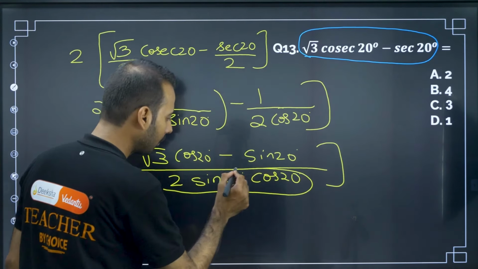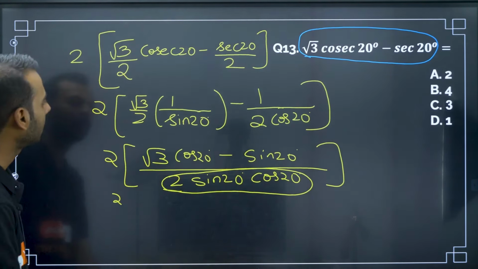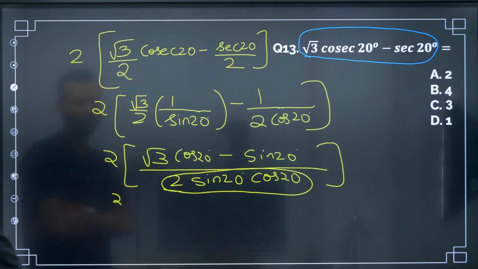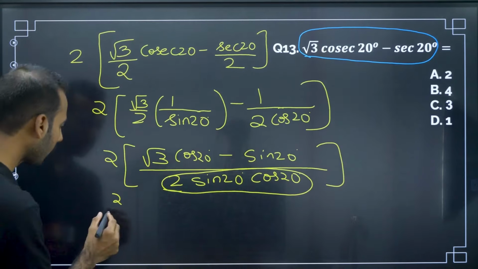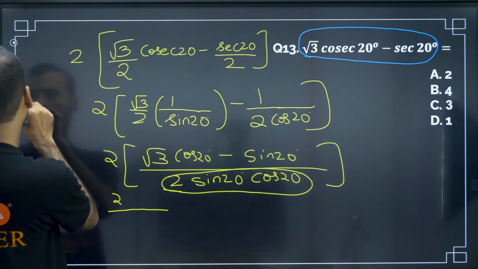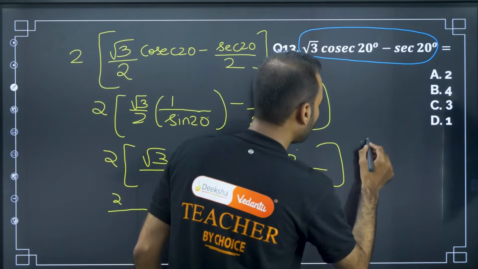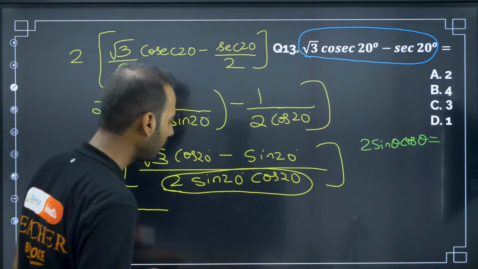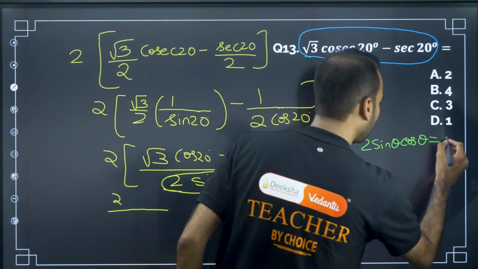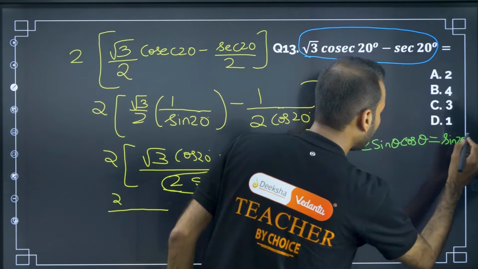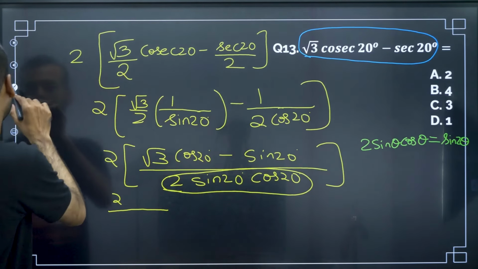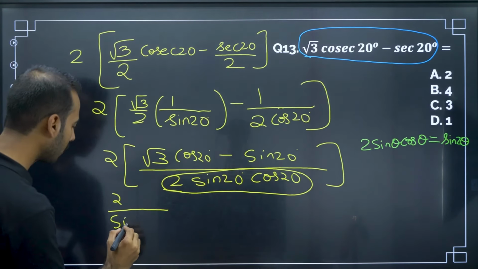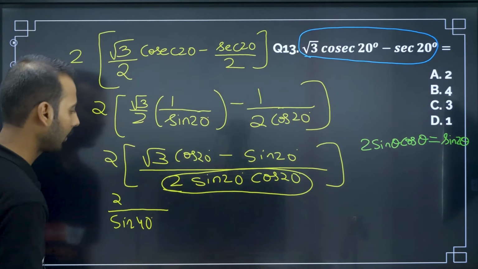This becomes sine 40 degrees. Now try to recall one synopsis point: 2 sine theta cos theta is equal to sine 2 theta. So this becomes sine 40 degrees.